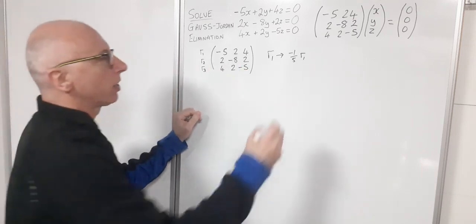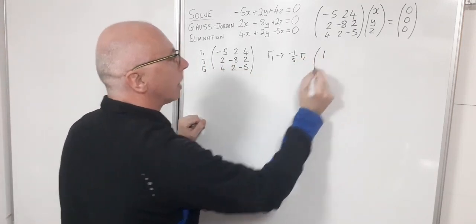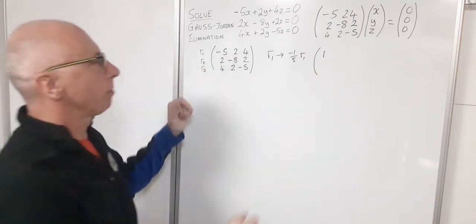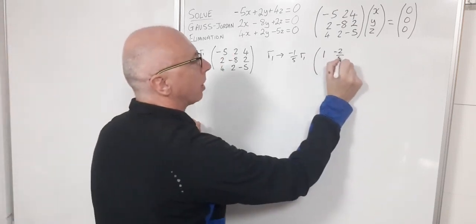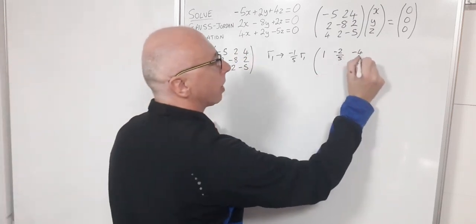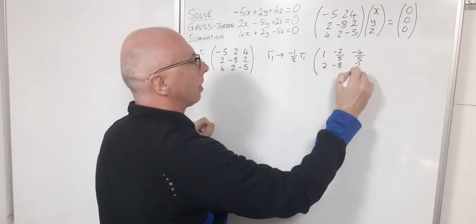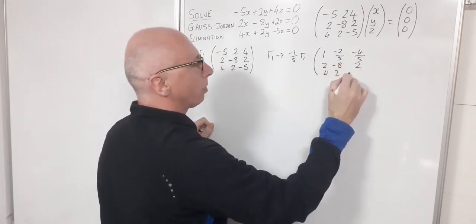So let's do the calculations. That becomes 1. -1/5 times 2 is -2/5. And 4 times -1/5 is -4/5. And then the rest can stay as they are. And I've got 4, 2, -5.